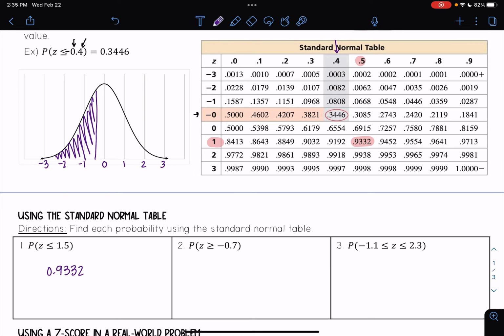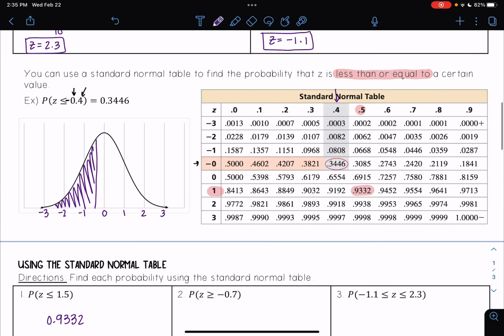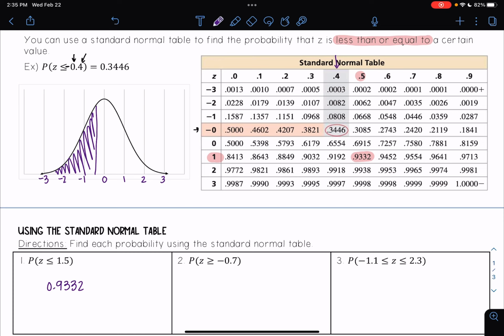Now the next one says the probability that z is greater than or equal to negative 0.7. Remember I said that the table just tells us the probability that z is less than or equal to that value. This one is saying greater than or equal to.